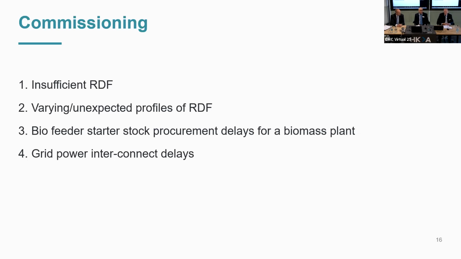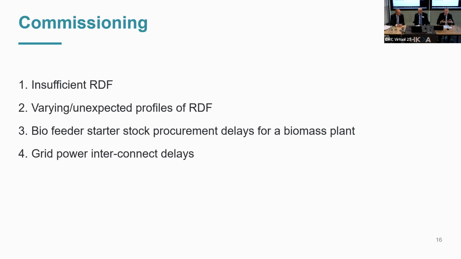So on a couple of projects, we ended up having to purchase biomass feeder, which has already a culture of the microbes, etc., to start the process, and that accelerates. Otherwise, the commissioning period for a biomass plant, instead of being 3 months, could be 6 months or more if you have to wait for that culture to develop within your biomass.